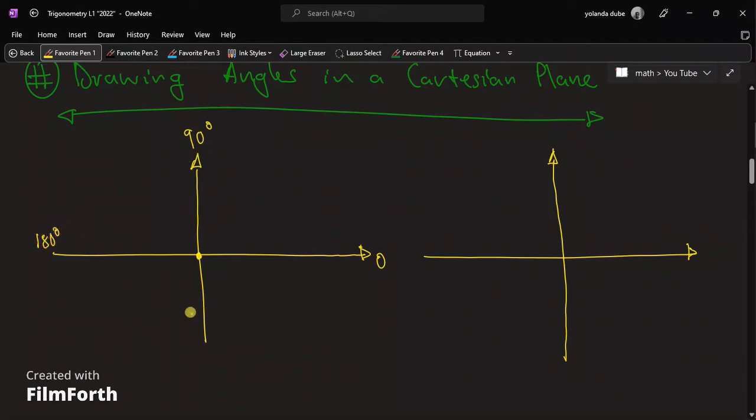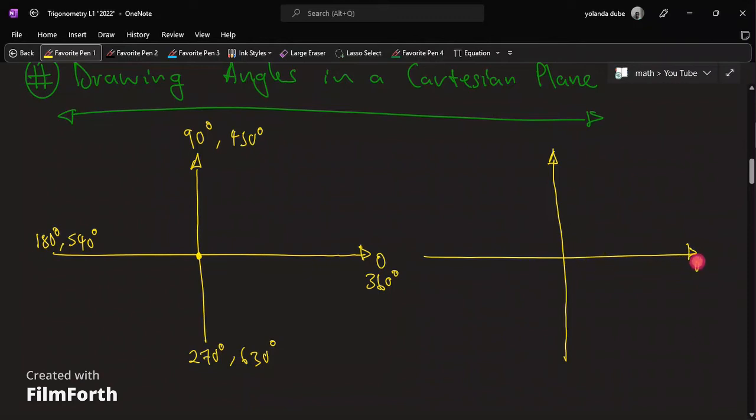And then here we have 180, then here we have 270, and then here we have 360. This can proceed on like that: 360, 450, then 540, then 630, then 720, on and on until you get to the highest angle, which can cater for all the angles that you want to represent.